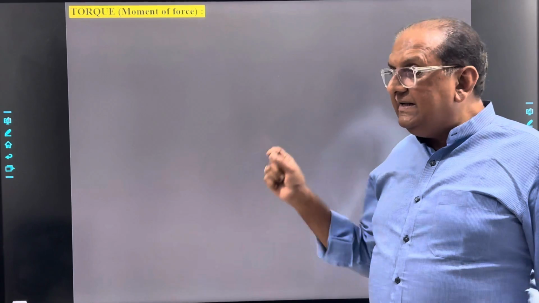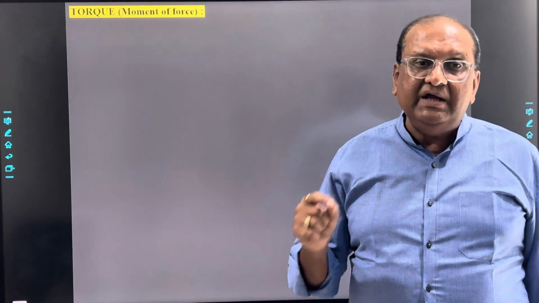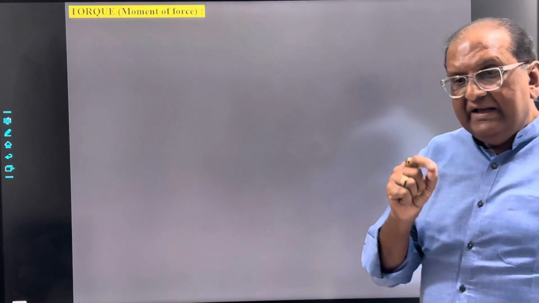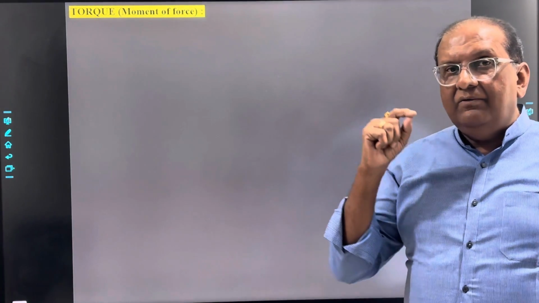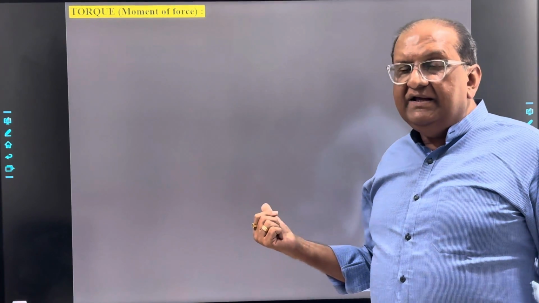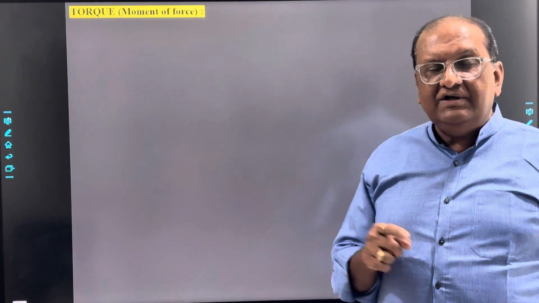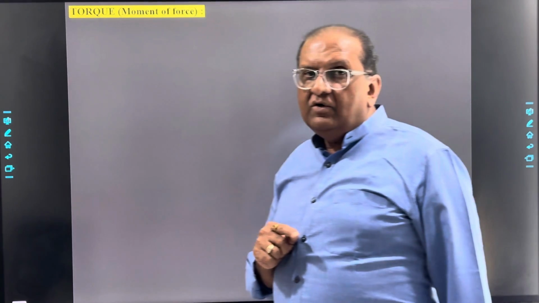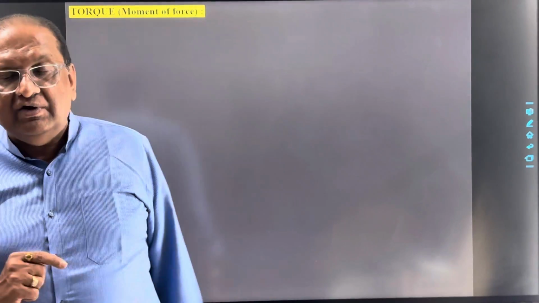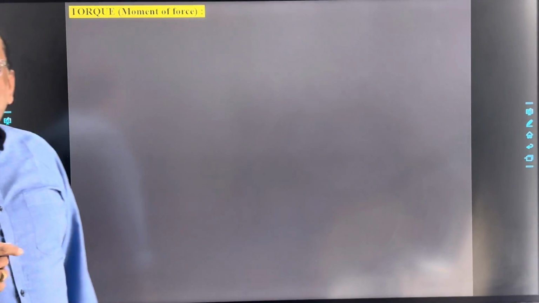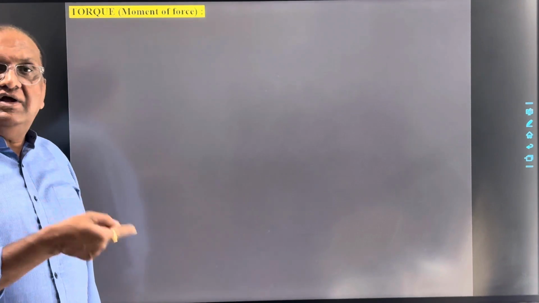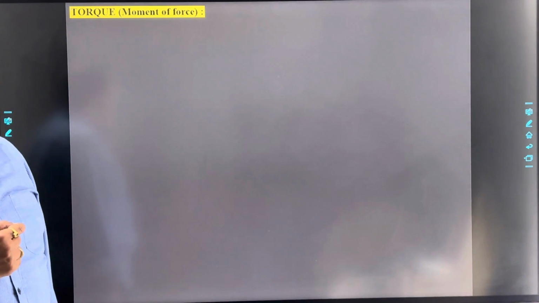Exactly like that, here in rotational motion we have the quantity angular displacement. That is analogy. Now in linear motion we have linear velocity. Here in rotational motion there is analogy of linear velocity with angular velocity. Then linear acceleration has analogy with angular acceleration.